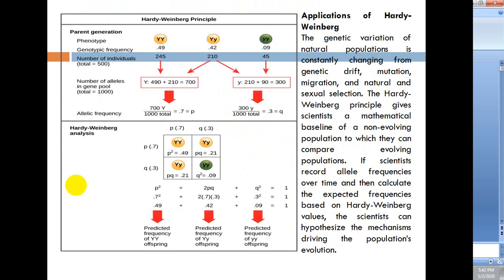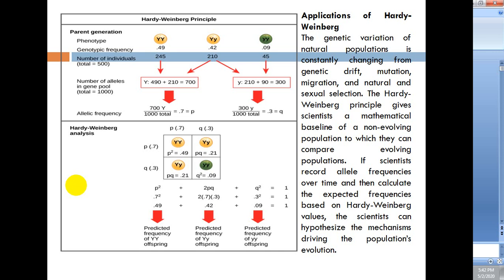Now, this is an example where you will be able to see how we can calculate the genotype frequency and allelic frequency, and whether the population is at equilibrium or not.